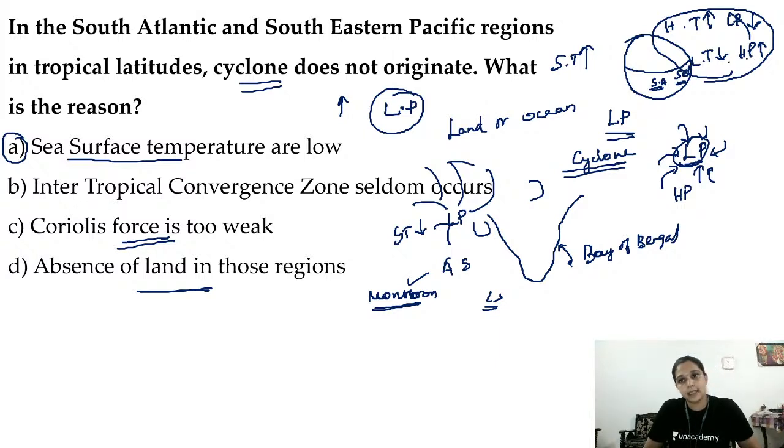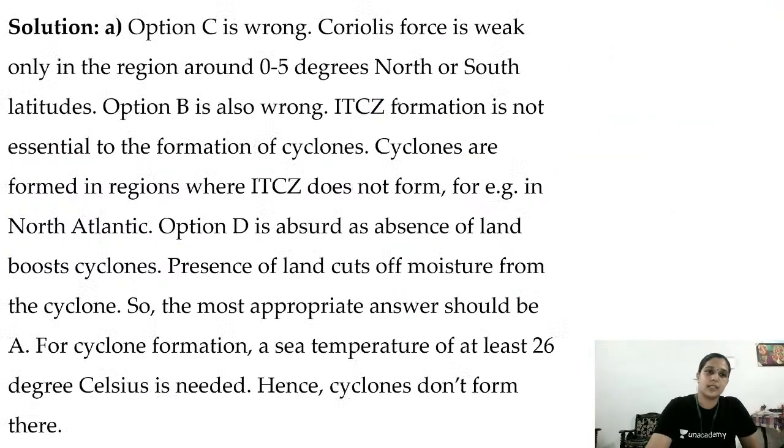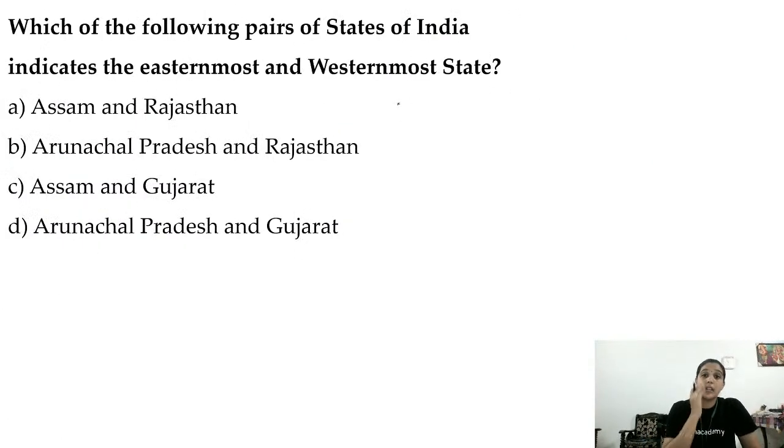Everything is based on this concept, including planetary winds. If you keep it in mind, you can answer. So when surface temperature is low, you don't have low pressure. The pressure is high, so you don't have the concept of a cyclone there. Okay. Yes. Next. Which of the following pairs of states in India indicates the easternmost and westernmost state?